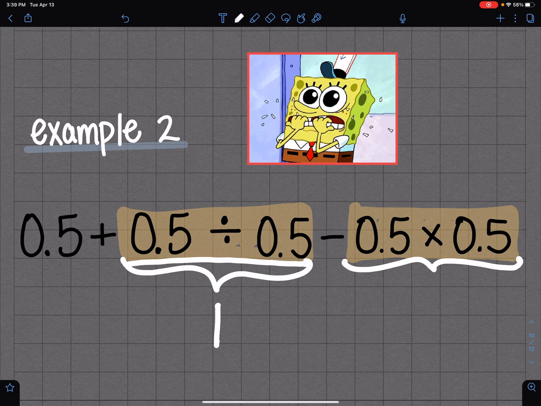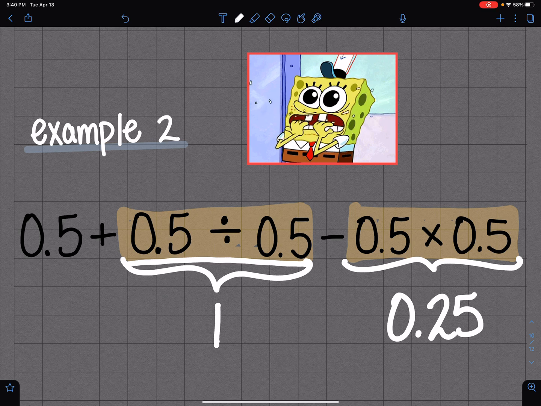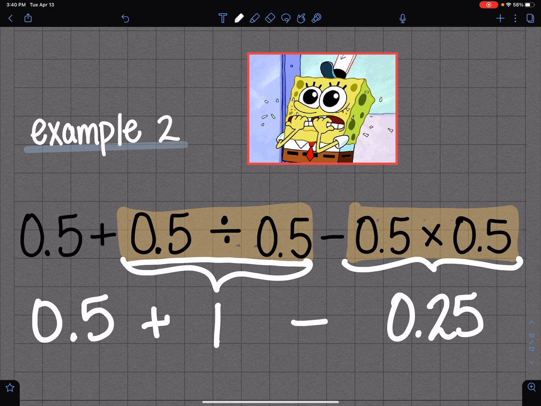When you multiply a half times a half, you get a fourth. So that's going to be 0.25. Now I'm going to bring down everything else that I left up here, including this minus sign. So I'm going to write 0.5 plus 1 minus 0.25.